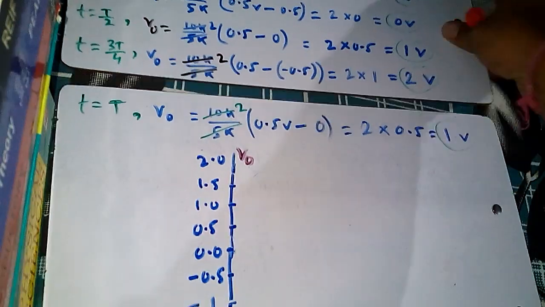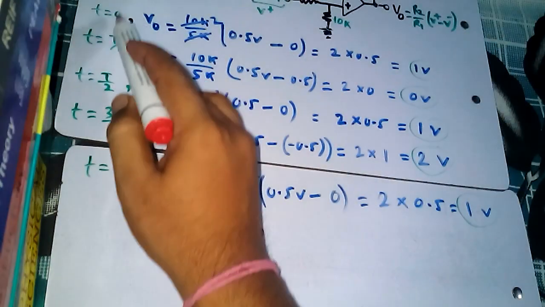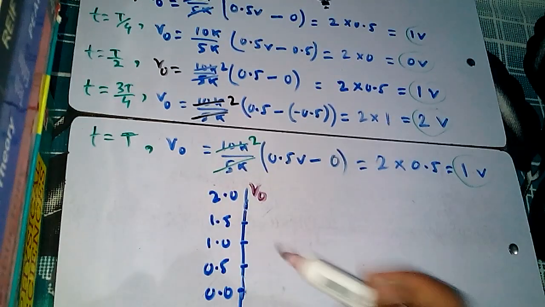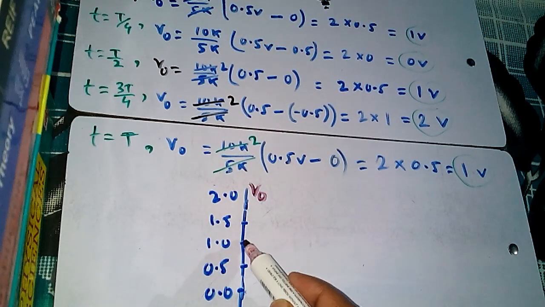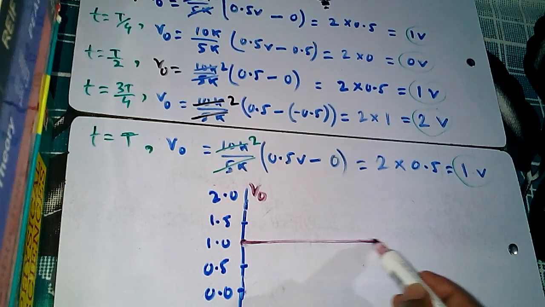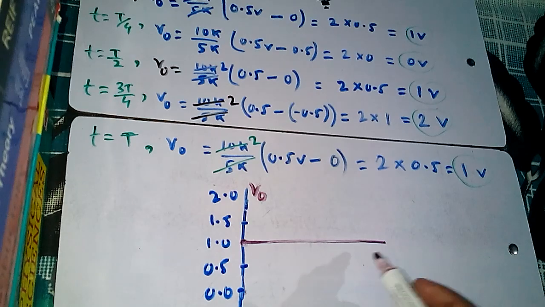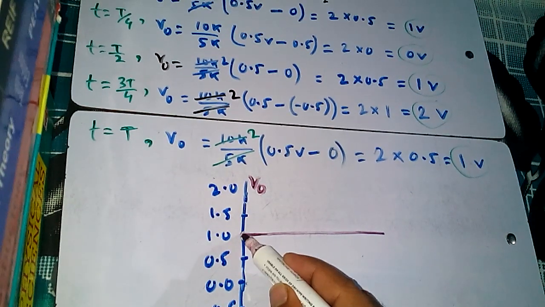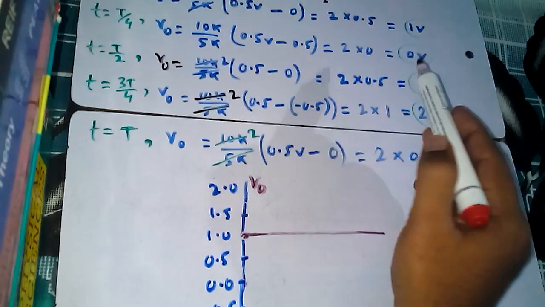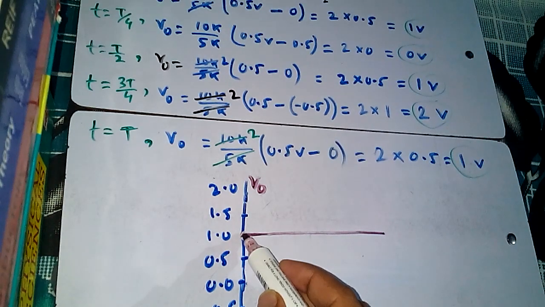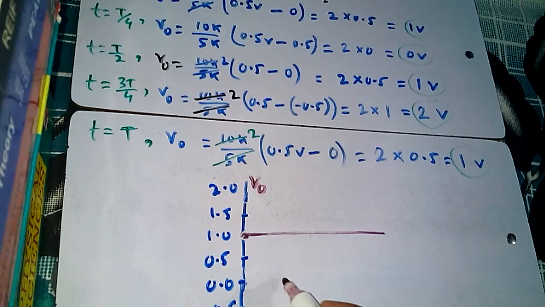At t equal to 0 the output is 1 volt. That means the output voltage is 1 at t equal to 0. So from here let us take our time scale. This is the point at t equal to 0 where we have 1 volt. Then at T by 4 we have 0 volt, so our output is 0 at T by 4. That means this point.